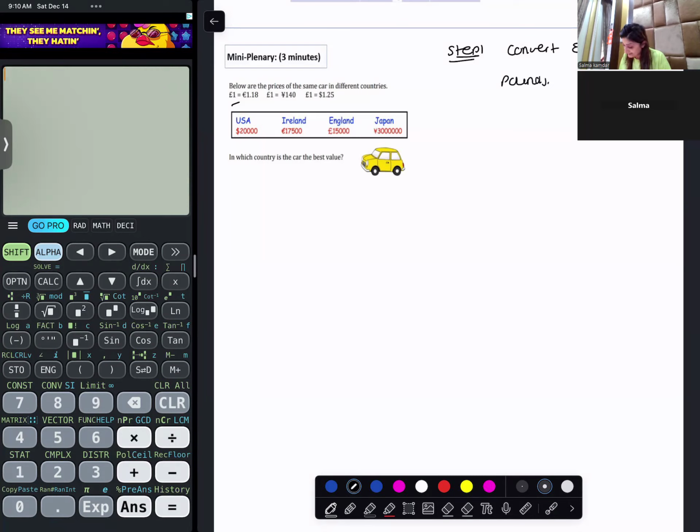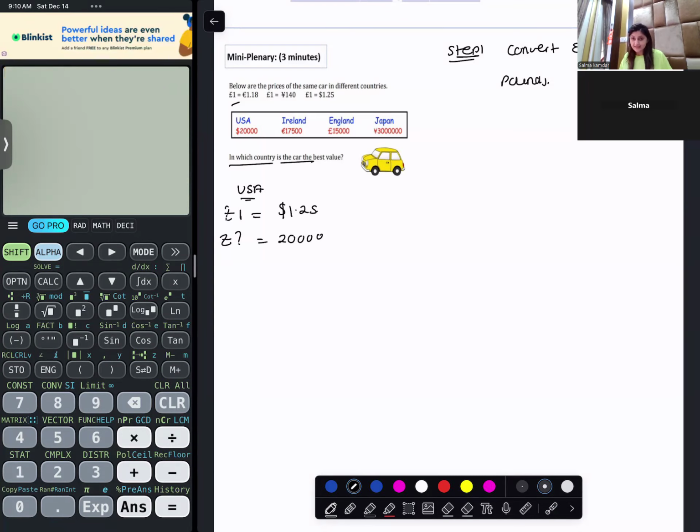Now for USA, 1 pound is equal to $1.25. So $20,000 will be equal to how many pounds?